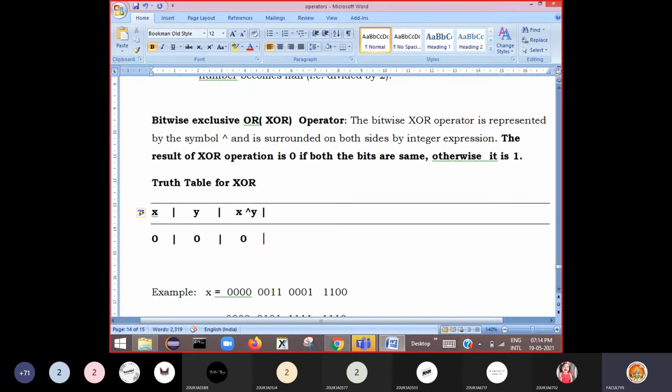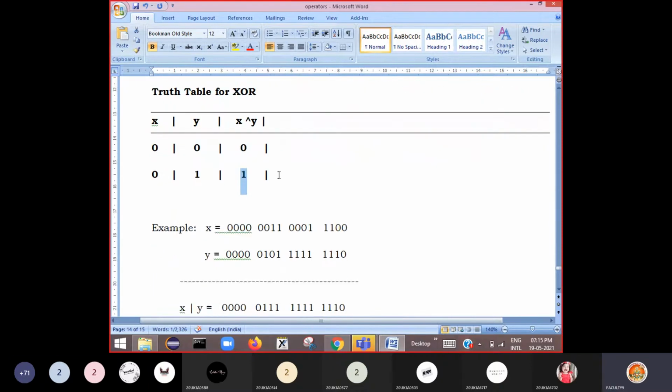Now assume X is 0 and Y is 1. Then the result will be 1. That means the two inputs are different. If the two inputs are same, then the result will be 0. If the inputs are different, then the result will be 1 here.